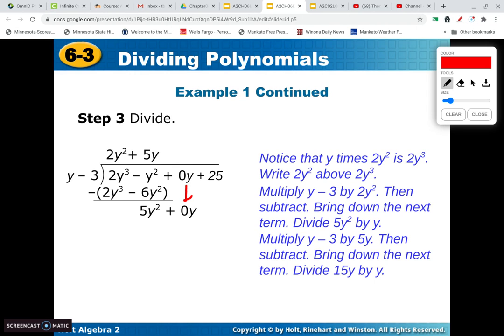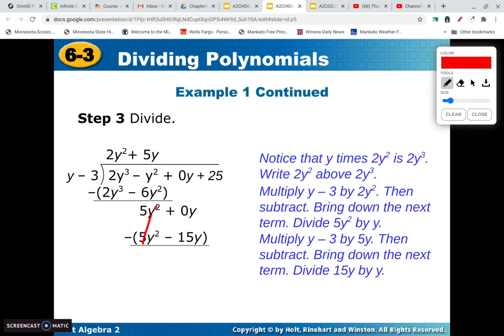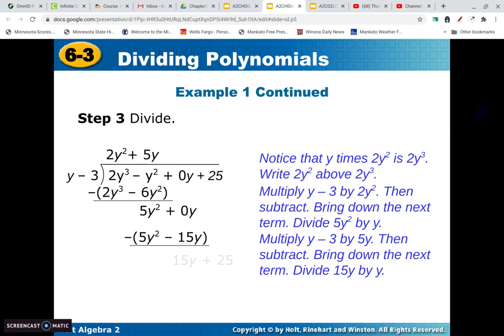So now we think, what do we have to multiply y by to get 5y squared? Well, 5y. So then multiply that not only by the y, but also the negative 3. Now we're going to subtract that. Those are gone, that's why we did it. Now 0 minus a negative turns into positive 15y. And then we bring down the 25.